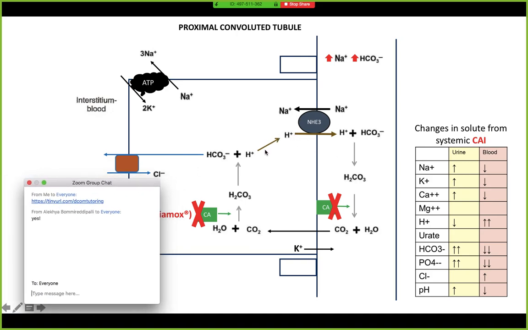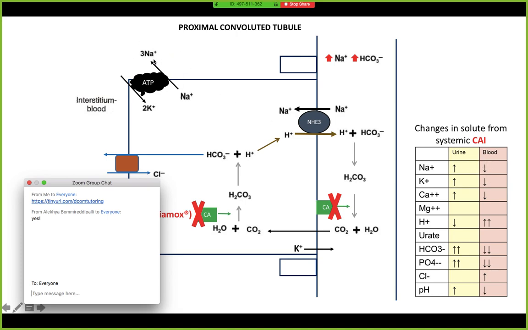And also important, because you're getting less hydrogen from the breakdown of carbonic acid, you're not getting as much sodium reabsorbed, so less sodium is working through this sodium-potassium ATPase, and that's going to lead to what you see over here, which is hyponatremia.